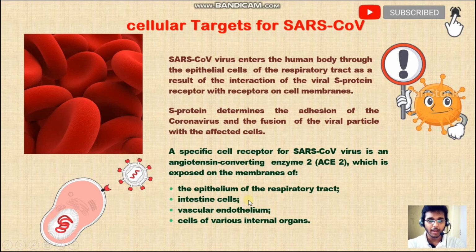That is why nowadays SARS-CoV-2, having a similar model of infection to SARS-CoV, is showing different symptoms related to the intestines and multiple organ failure in extreme cases. So that's all about the target cells for SARS-CoV.